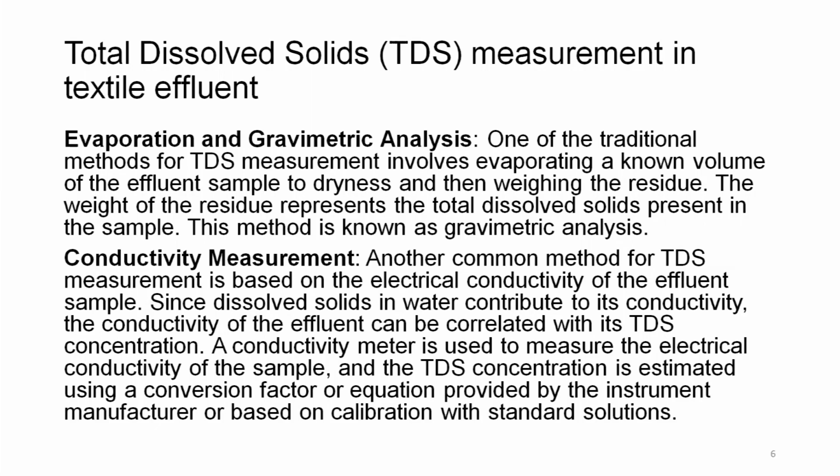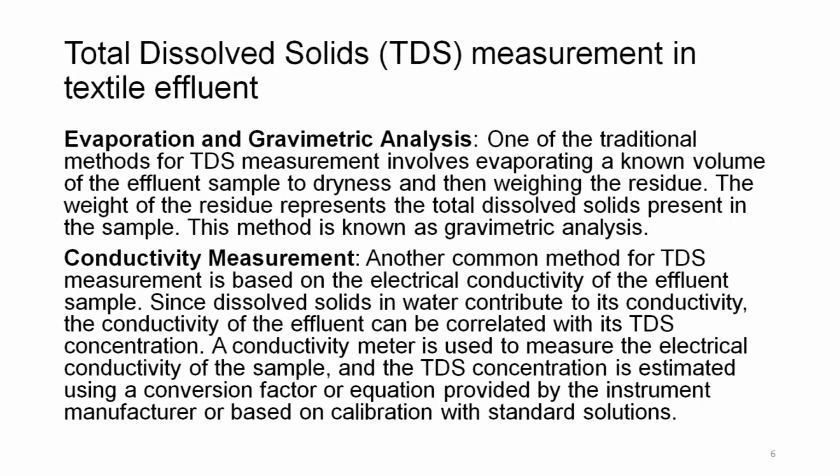Another common method for TDS measurement is based on the electrical conductivity of the effluent sample. Since dissolved solids in water contribute to its conductivity, the conductivity of the effluent can be correlated with its TDS concentration.